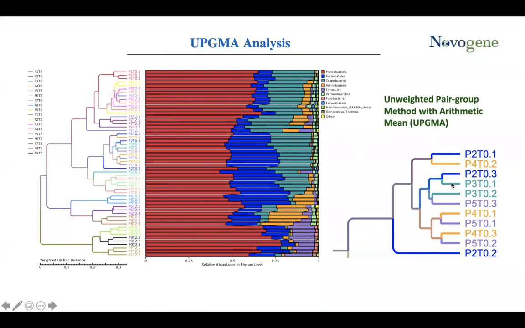Then the average distance between the newly created sample and the other samples is calculated, and the two closest samples can be found again to repeat the above steps. So a complete clustering tree can be obtained when all samples are clustered together. That is shown here to the left. But also weighted UniFrac distance matrix and unweighted matrix were calculated before being used for this UPGMA clustering analysis. So here you can see the UPGMA tree on the left and this relative abundance at phylum level map on the right.